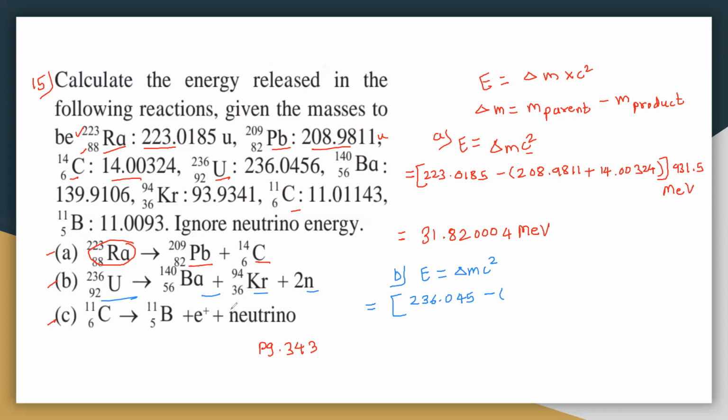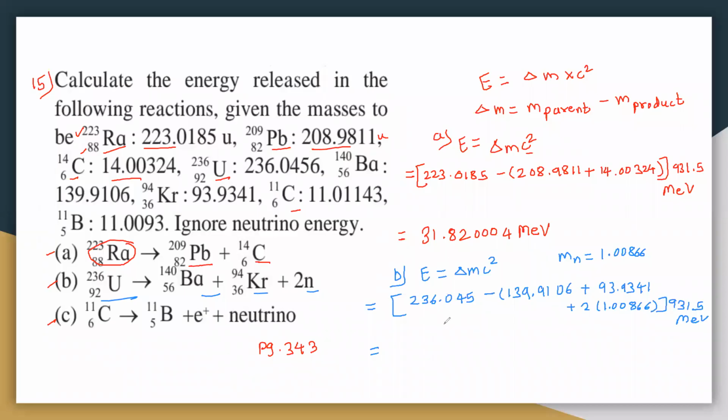Now let's substitute those values. And we'll just add and we'll try to get the answer. So mass of uranium is 236.045. Mass of product is 139.91. Mass of Kr is 93.